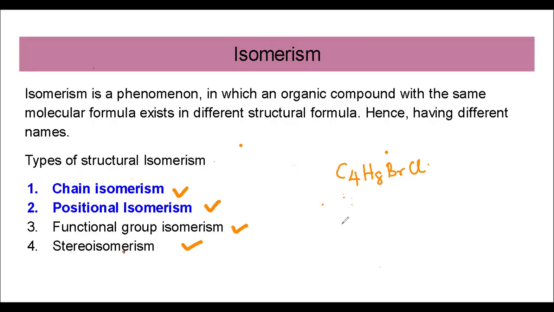Let's try to draw the isomers for this. So you have four carbon atoms, straight, and you have the branching.